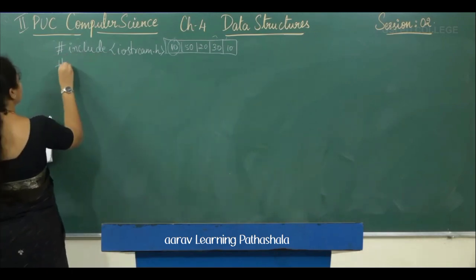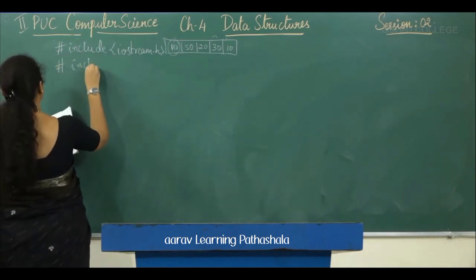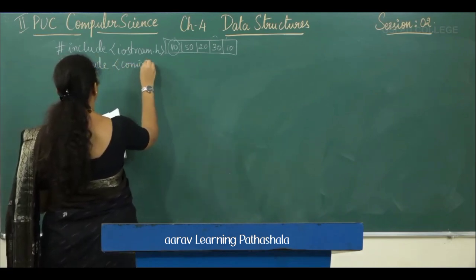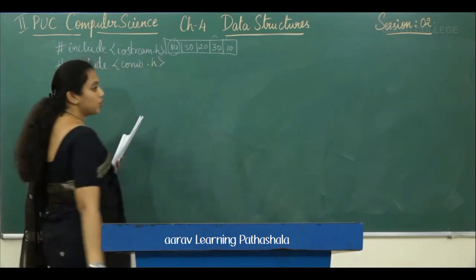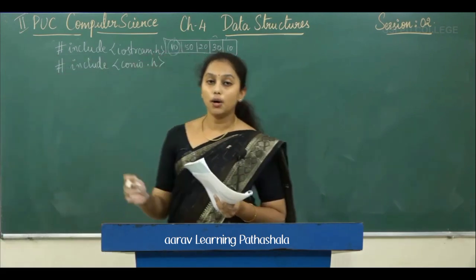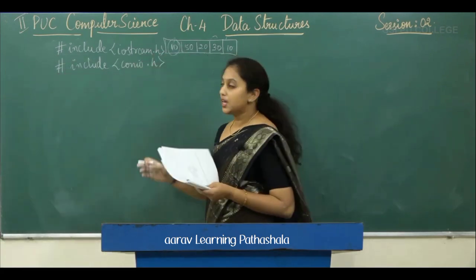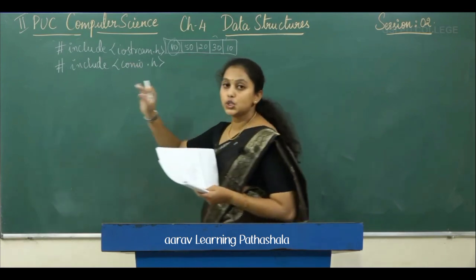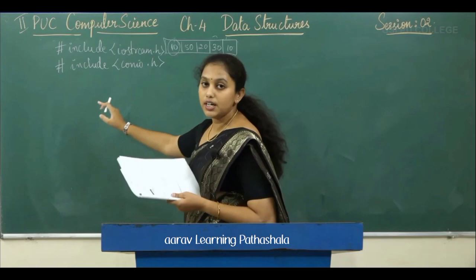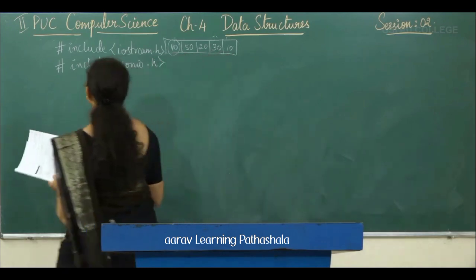Next is #include <conio.h>. This header file is used to declare the commonly used library functions for performing console input output operations for our program.